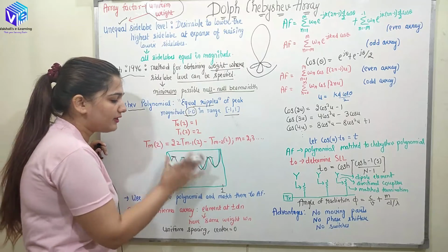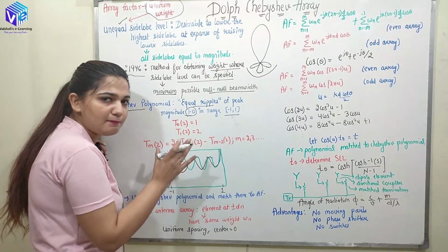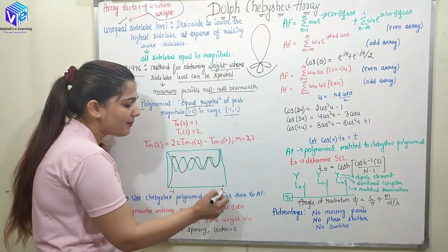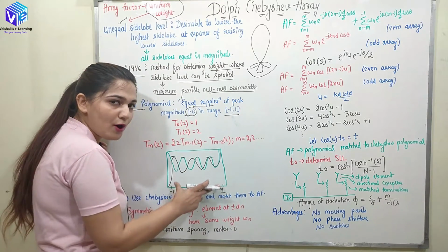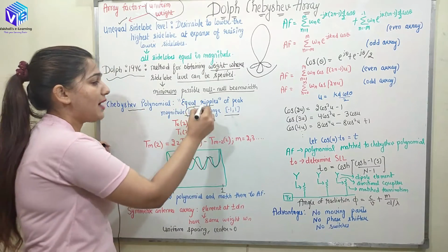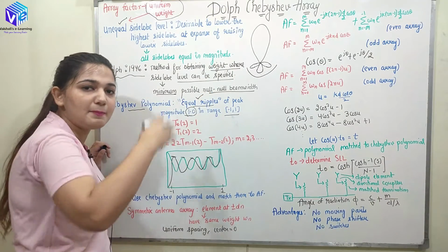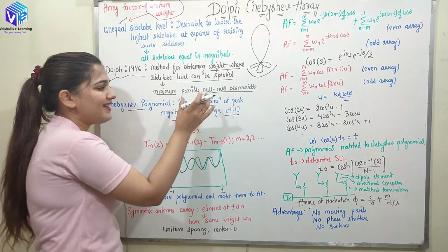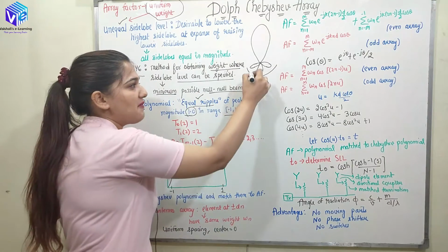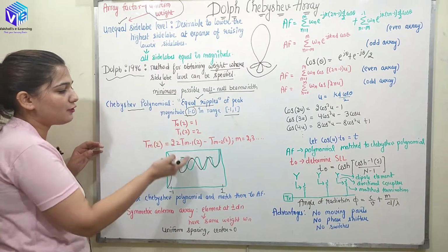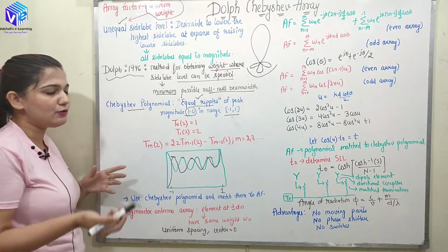So with the help of the Dolf-Chebyshev array or the Chebyshev polynomial, I have normalized to the point 1 in the range -1 to 1. We will have equal ripples. The ripples are there, but these ripples are equal. Here, instead of ripples, I will have equal side lobes. This is how the Chebyshev polynomial will look.